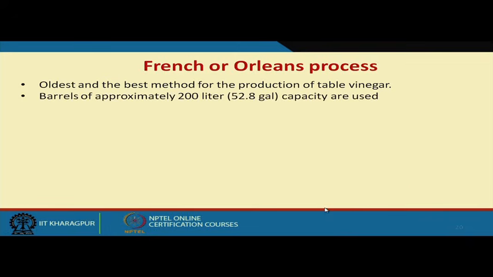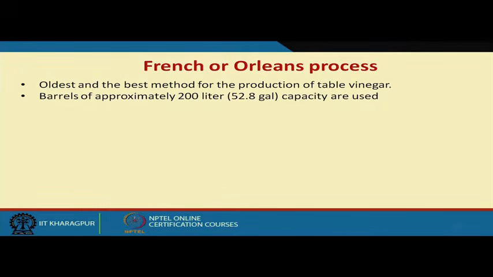Now, two processes are largely available for vinegar fermentation. One is called the Orleans or French process, another is the German process. Let me discuss the French or Orleans process. It is the oldest and the best method for the production of table vinegar.